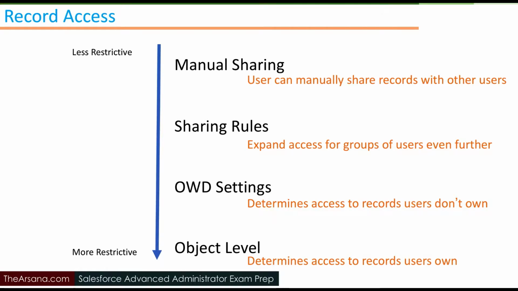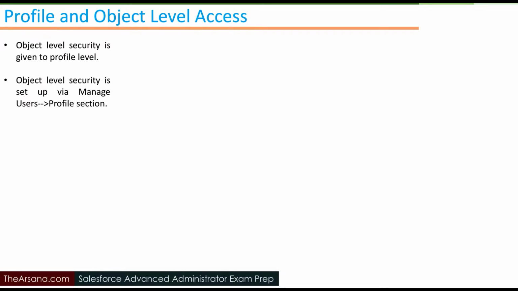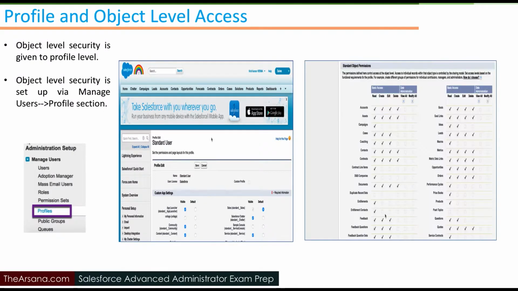Now let's see how profile and object level access impacts the record access. Object level security is given at profile level, and you can set this through the manage users and profile section. You can see in the profile section there is a section for standard object permissions. Let's see in our Salesforce org how we can edit these settings.